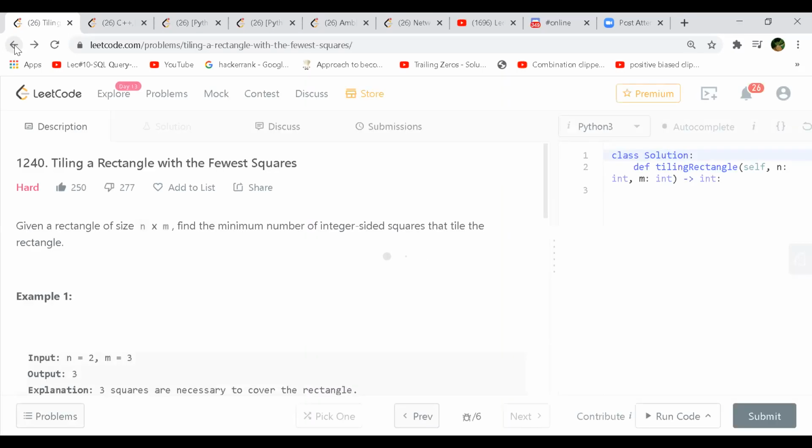He keeps dividing in the vertical way first, and then whatever remaining rectangle he cannot break, he goes into the horizontal side. Based on the dimensions, that will work. But when you look at example 3, it is not that way. He's starting from the middle, taking a square from the middle and then expanding it. So there you cannot form rectangles in a horizontal and vertical way.